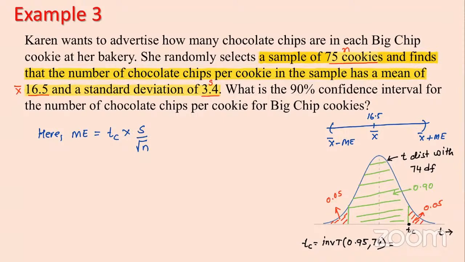Make sure everybody plugs in the values, okay? And then check it. It must be 1.6657. Let me write it here. 1.6657.